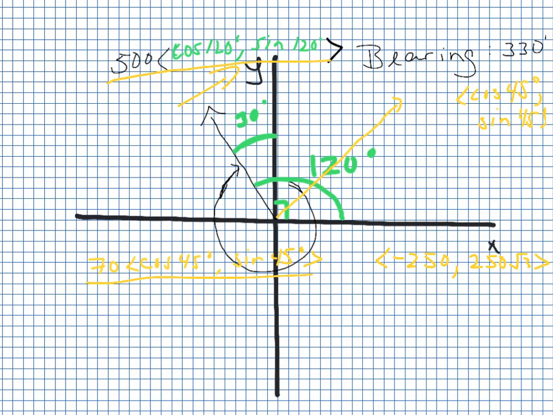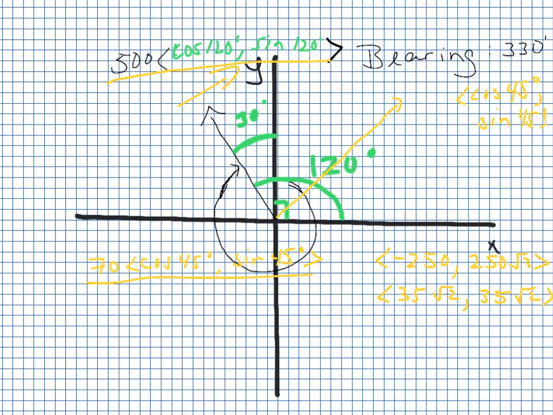And then I add it to 70 times the cosine of 45, so that would be 35 root 2, and multiply it times the sine of 45, which is also going to be 35 root 2.